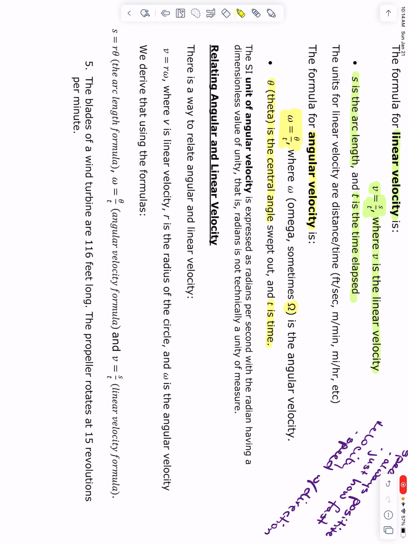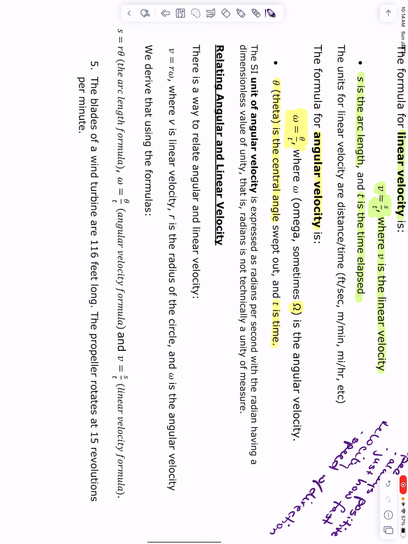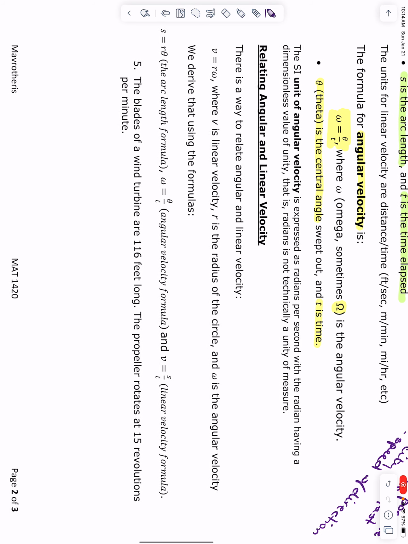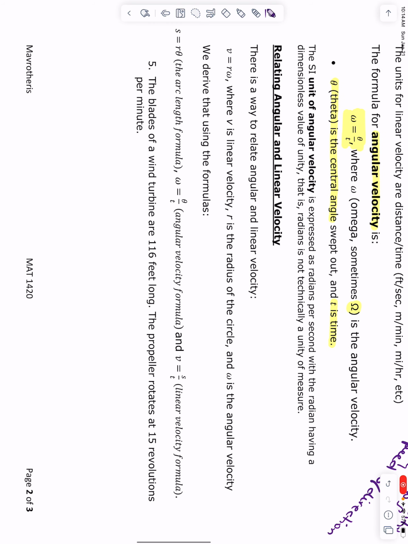But again, radians is dimensionless. It does not necessarily give us a way to talk about what we're measuring. Okay. We can plug and chug and substitute. Our linear velocity is our radius times our angular velocity. So there is a relationship between the two, of course.